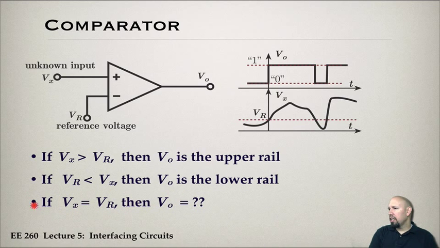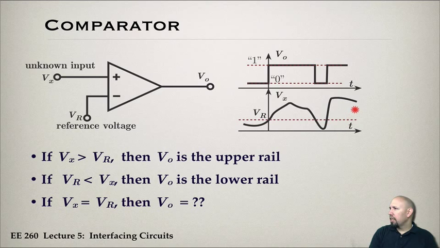And even though we have this question about Vx being equal to Vr, it's almost impossible for these two to be exactly equal to one another, so we don't actually have to worry about this. It's interesting how math does that sometimes, and how the physical world impacts that.